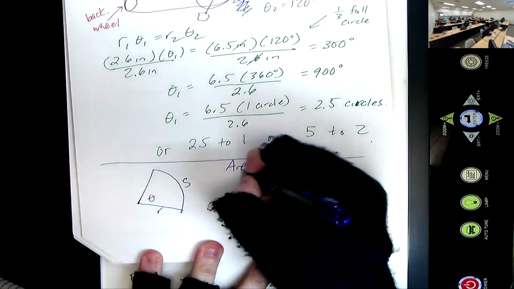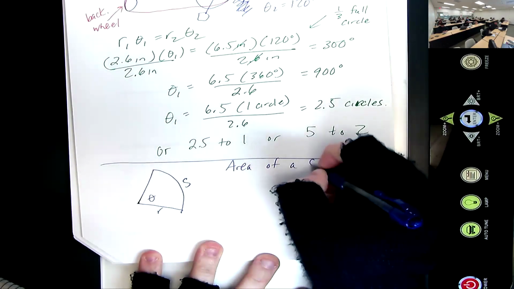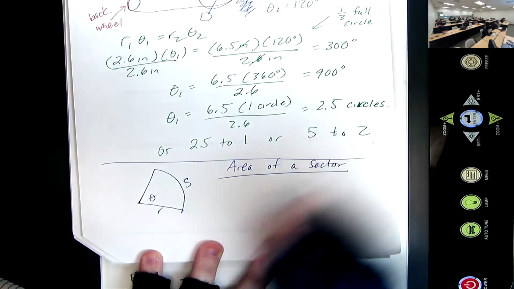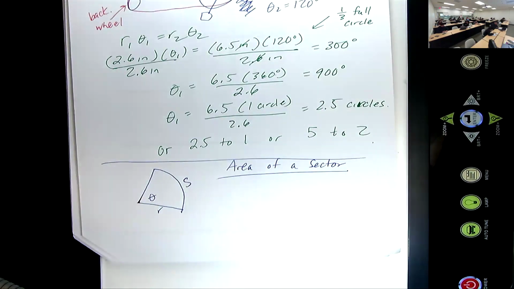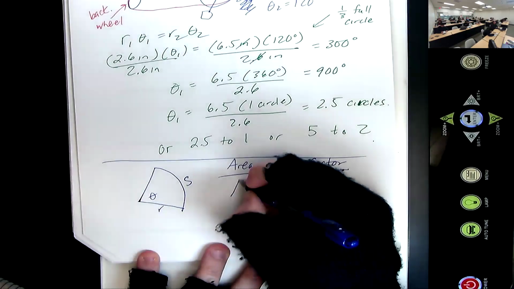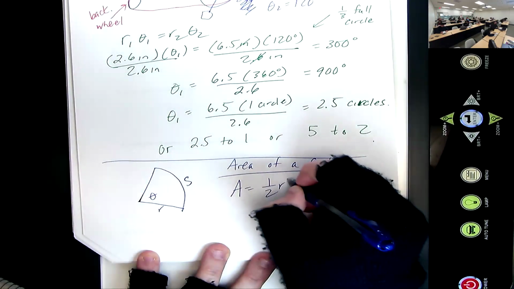So area of a sector. The area of a sector is 1/2 R squared theta.